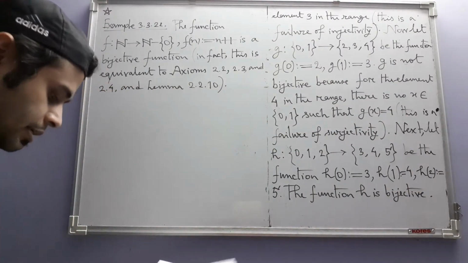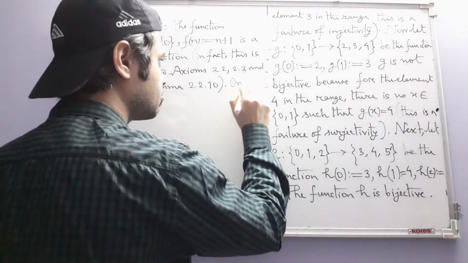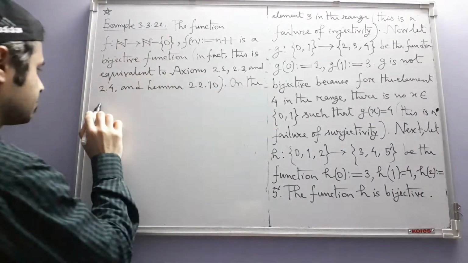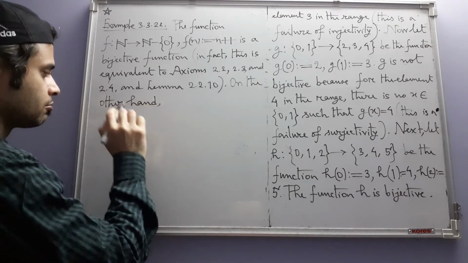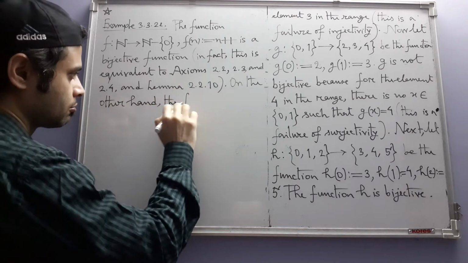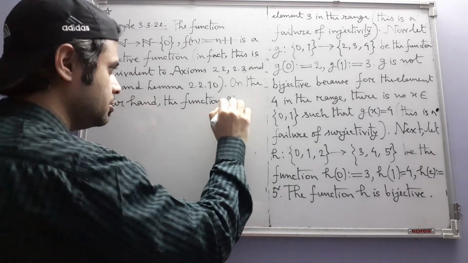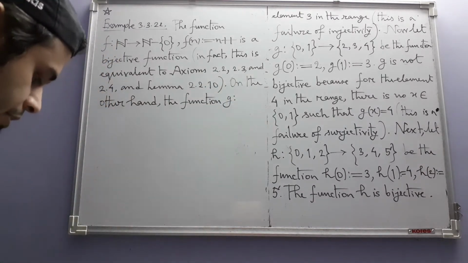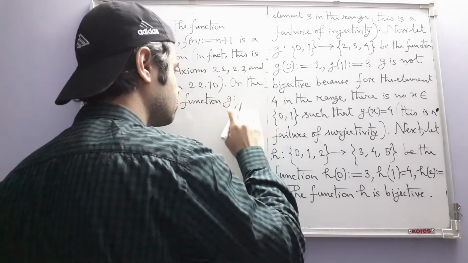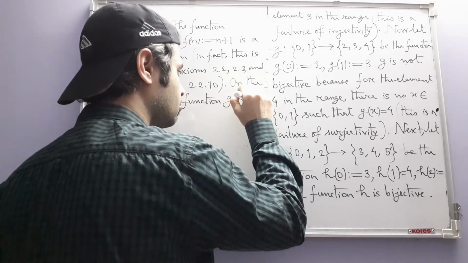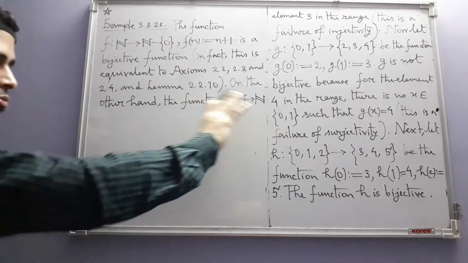Okay, so this is another example of a bijection. On the other hand, the function g, which is defined from N into N. Now we are not removing 0 from the range.